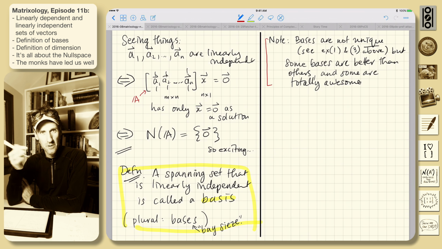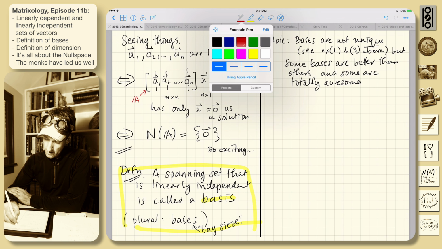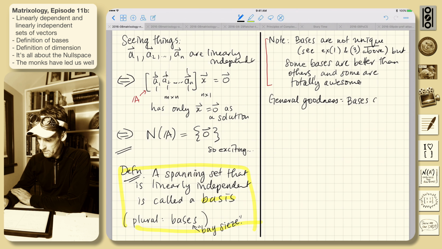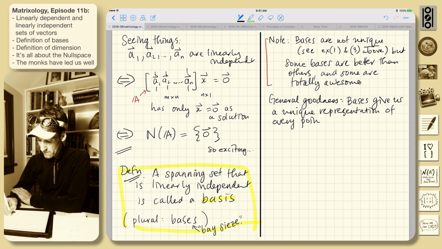So bases are really good because of this uniqueness. Bases aren't unique, but they give you a unique representation. General goodness is bases give us a unique representation of every point in the space that they span.